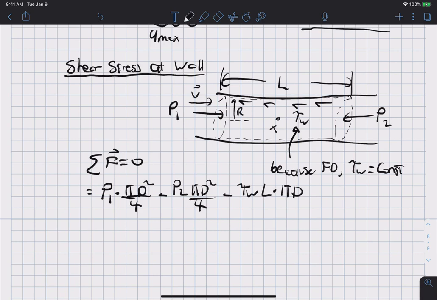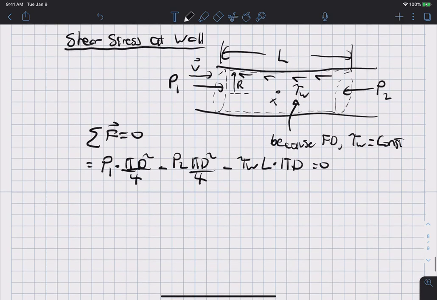Okay, where r is the outer radius of the tube. And that's equal to 0. So in the free body diagram, I have summed the forces. And so here, I can just cancel out a pi d and cancel out a pi d. And so this implies that P1 minus P2 equals 4 times L tau wall over d.